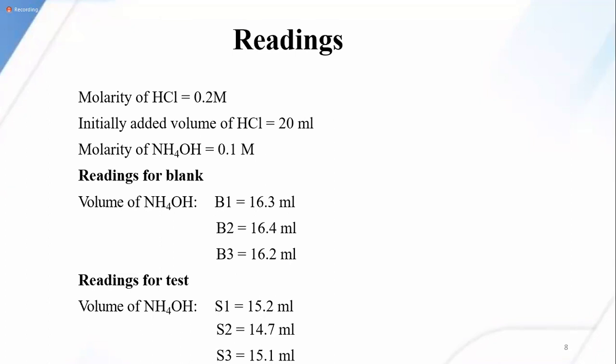Here we have to get the average volume and use that average volume in the calculation. That means 16.3 plus 16.4 plus 16.2 divided by 3. So what is the average volume? 16.3.